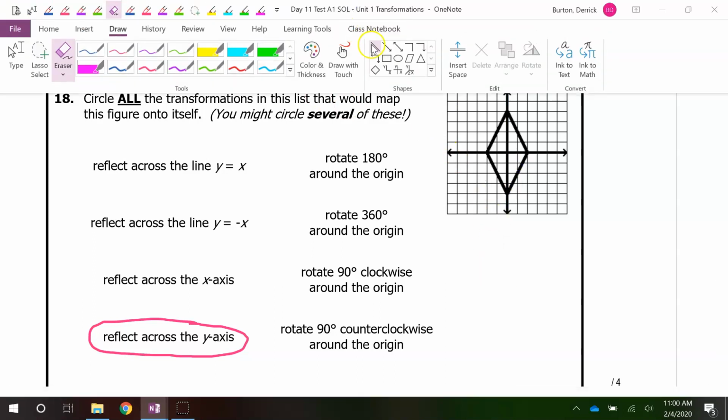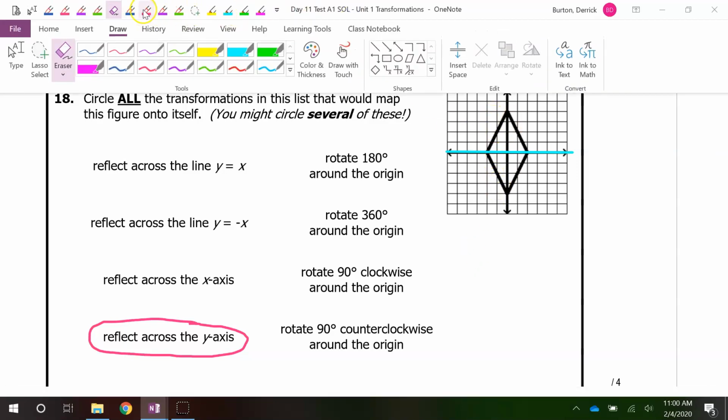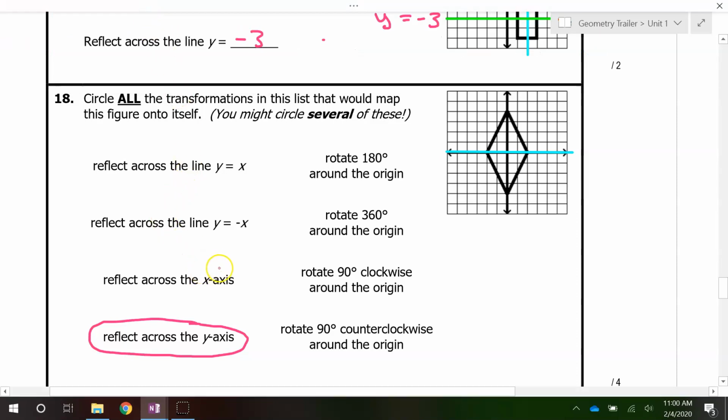What about horizontal lines? Can you see that this horizontal line also splits the diamond right down the middle? Same on the top, same on the bottom. But that is the x-axis. So reflecting across the x-axis will also map the diamond back onto itself.